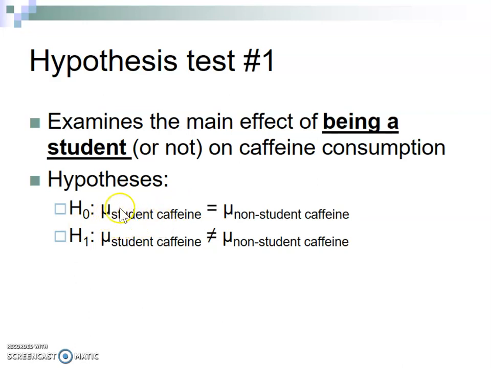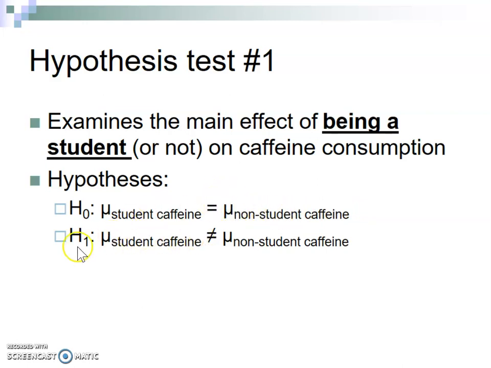When looking at the hypotheses for this first hypothesis test, our null hypothesis is that students, on average, and remember that we're stating this about the population level, consume exactly the same amount of caffeine as non-students. So these two groups are equal in their caffeine consumption. We're always testing the null hypothesis to see, did we find a big enough difference to say that it's wrong?